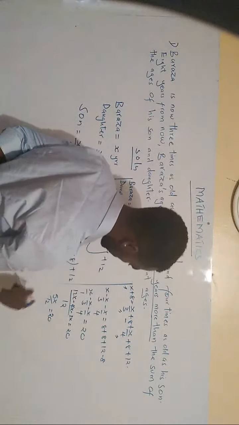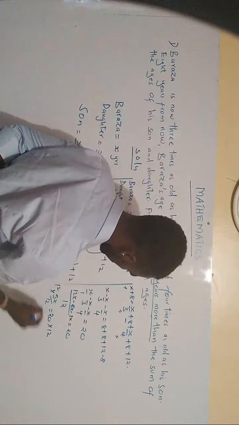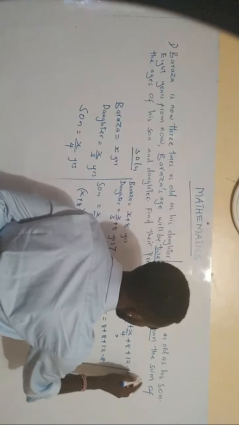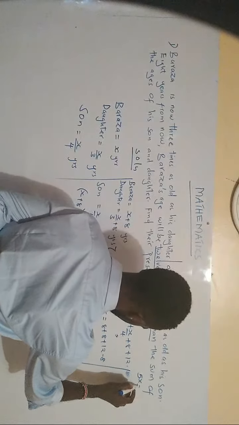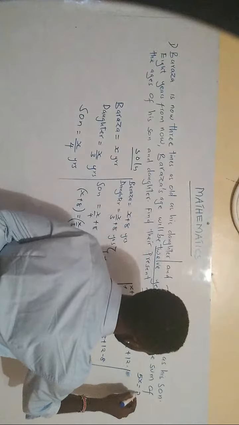To get x, you can multiply by 12 to remove the denominator, and that will go. So we remain with 5x is equal to 20 multiplied by 12, that is 240.